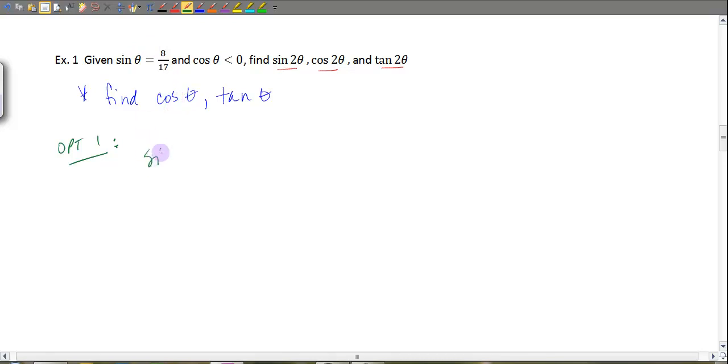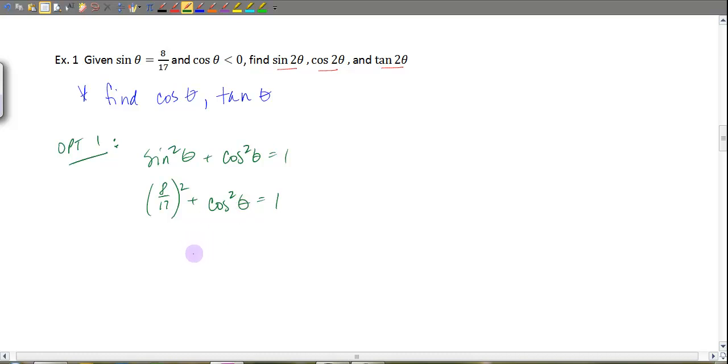Remember, that one says sine squared theta plus cosine squared theta equals 1. And if I know what sine squared is, I can replace it to solve for cosine. So we're going to say (8/17) squared plus cosine squared theta is equal to 1. And now I'm going to solve for cosine squared theta.